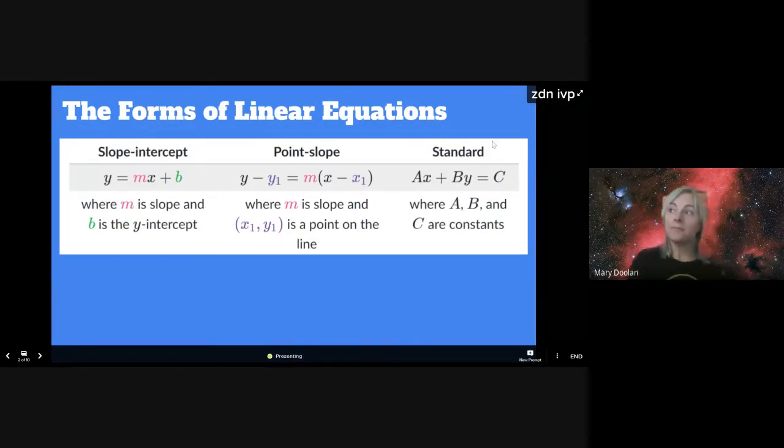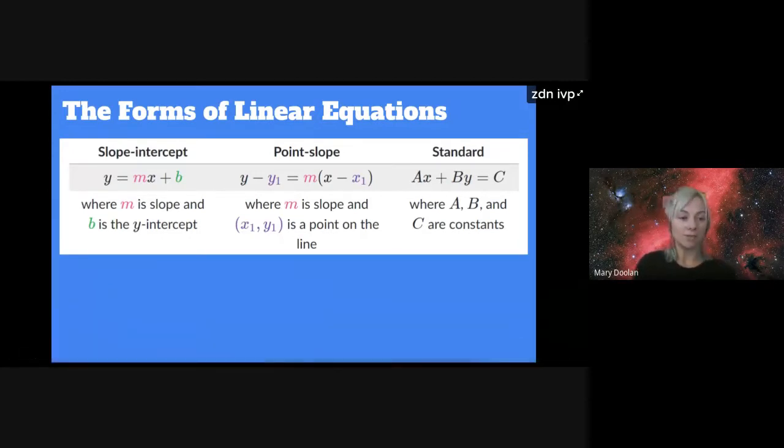Standard form. Standard form doesn't give you the slope. It doesn't give you a point. It doesn't give you the y-intercept just sitting there. It's probably my least favorite form because you have to do work to get something out of it. So ax plus by equals c. A, b, and c are all constants, they're all numbers.